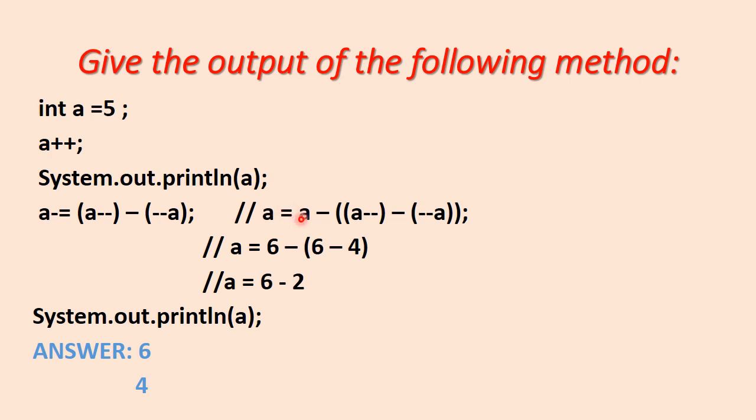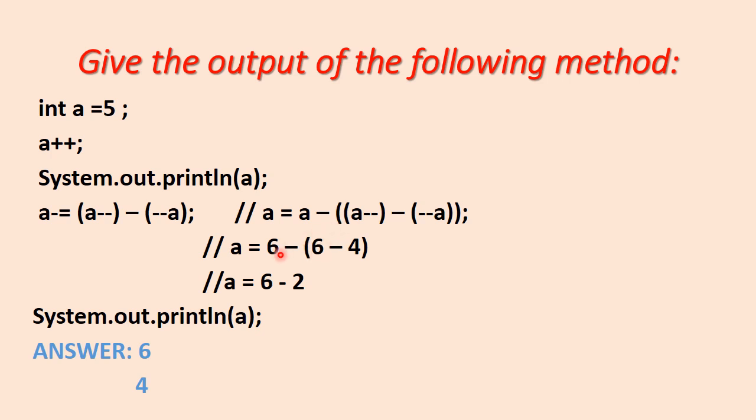The original value of a is now 6, because using this increment operator it becomes 6, not 5. Remember that, because here it changed the value of a. 5 plus 1, 6. So now here is 6 minus, now it is the postfix decrement operator, so first it will use the previous value of a, which is 6, and then it will decrease.